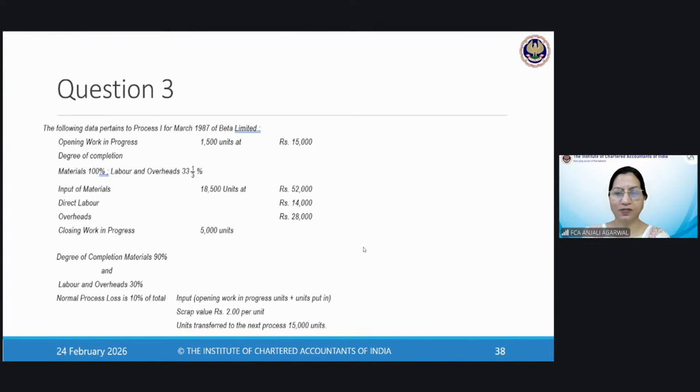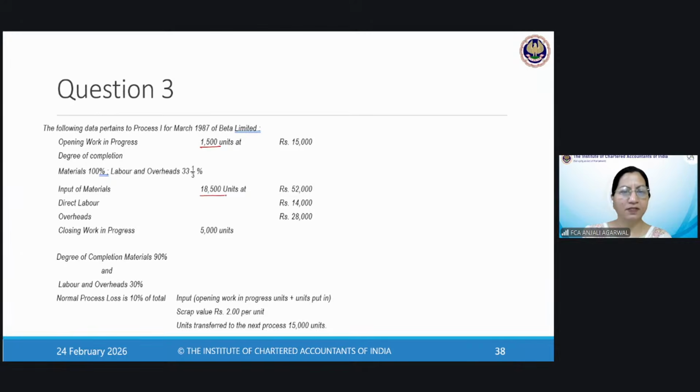Continuing with the same question. Now what I have done is I have given the value in rupees to the same question. So opening work in progress still remains same, 1,500 units. Labor and overheads, again 100% complete, and labor and overheads 1/3.